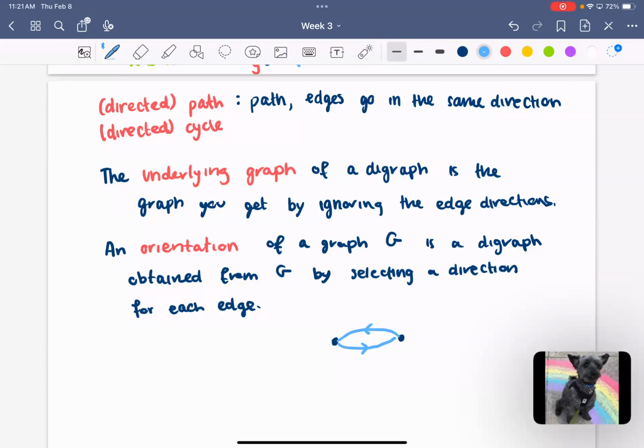Are there other questions? And then another piece of terminology that is used is an oriented graph.